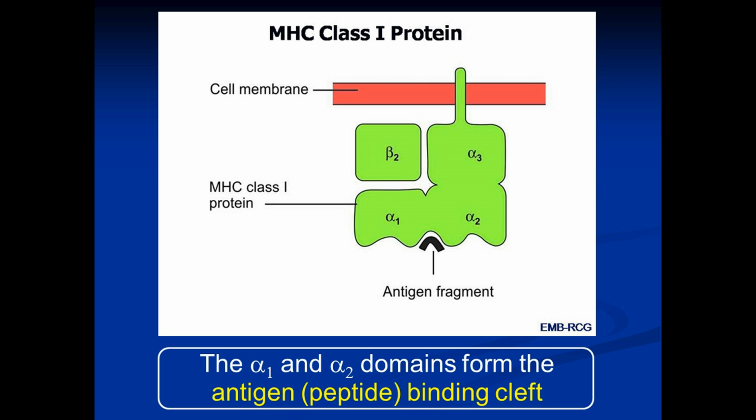The alpha subunit possesses the antigen binding site or the peptide binding site or cleft. So this cleft or site is constituted by two domains of the alpha subunit, which are alpha 1 domain and alpha 2 domain.